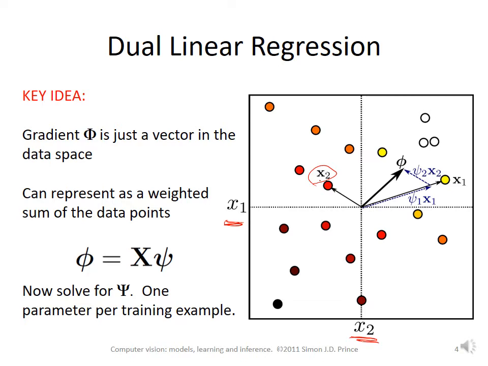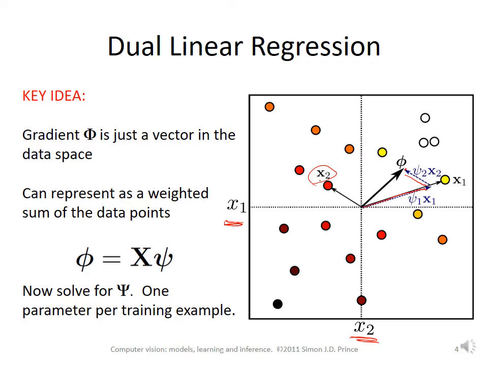And so if we try to reach a given point, like our model phi here, with this arrow coming out of the origin, you could see that that's simply the sum of two vectors where we've gone some distance, maybe not all the way, psi1 towards x1, plus some distance psi2 in the direction of data point x2.